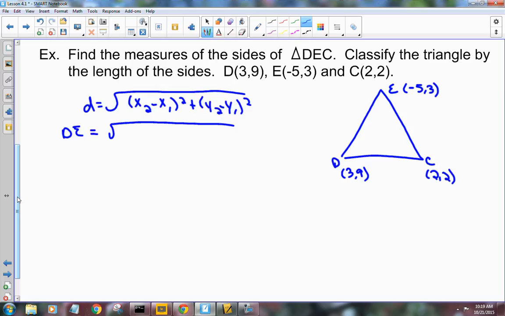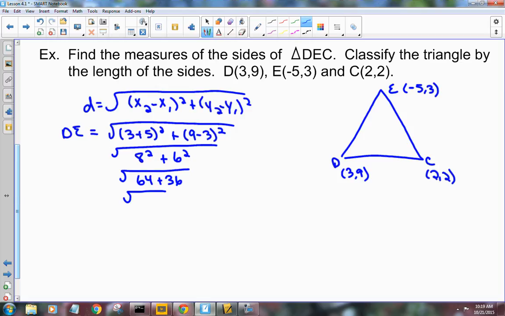Alright, so I'm going to subtract my x's, 3 minus a negative 5 quantity squared plus, I'm going to subtract my y's, 9 minus 3 quantity squared. That gives me 8 squared plus 6 squared. 8 squared is 64 plus 36. That's 100. So the square root of 100 is 10. So my DE is 10.